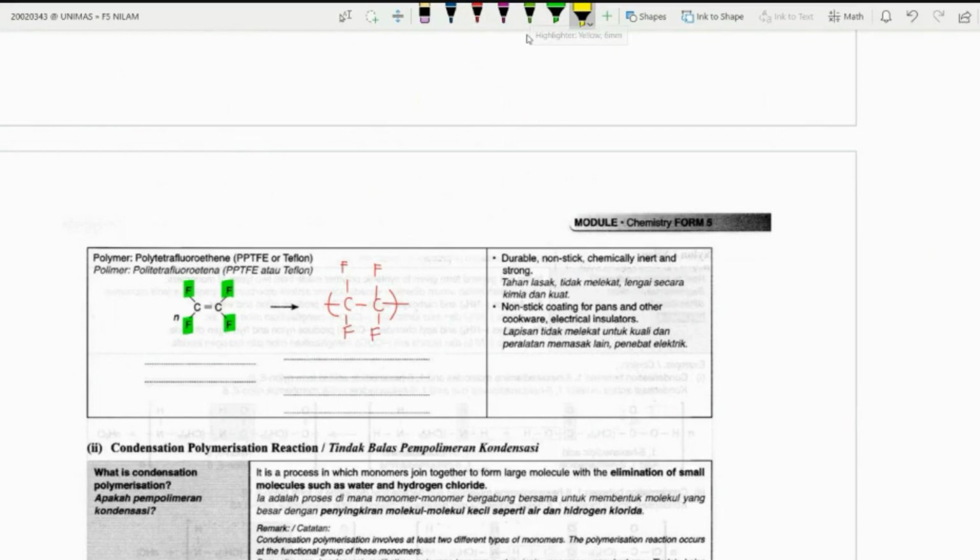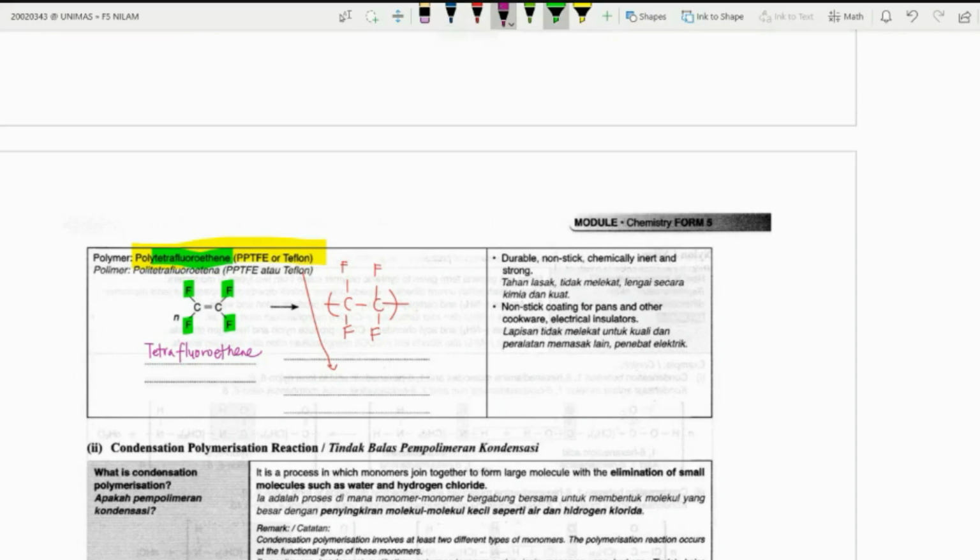We just copy down this name as the polymer. How about the monomer? What is the name? Very easy to see. Tetrafluoroethene, yes.